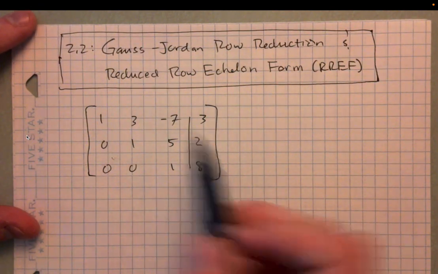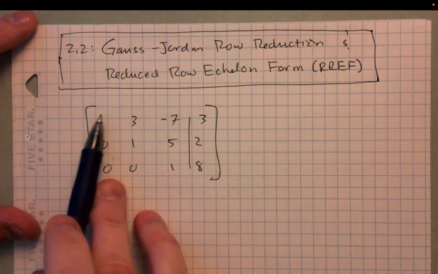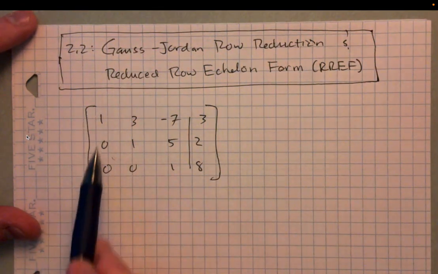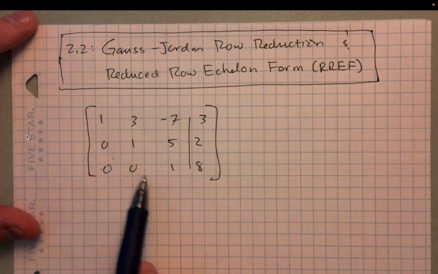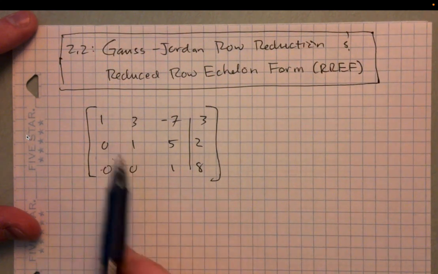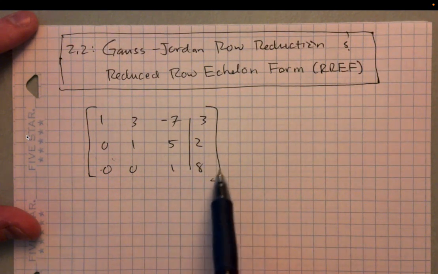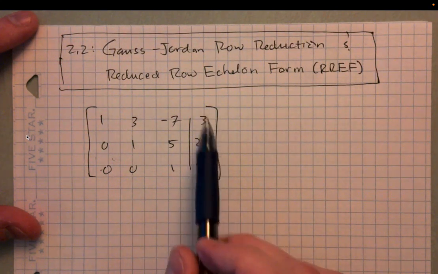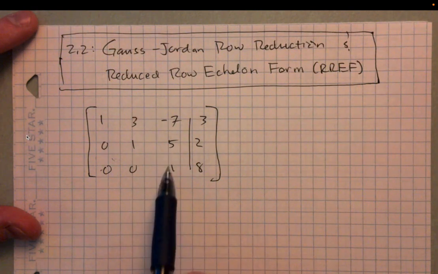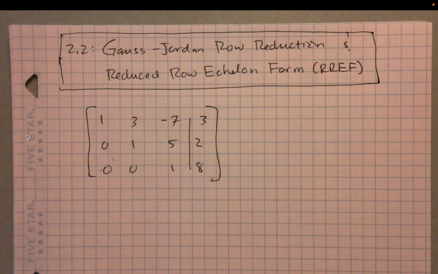And so what we've done is we went through and identified our pivots. We eliminated the zeros below the pivots. And this produced a matrix that looks something like this, for example. And using this, we can back substitute to figure out what the values of x1, x2, and x3 are.